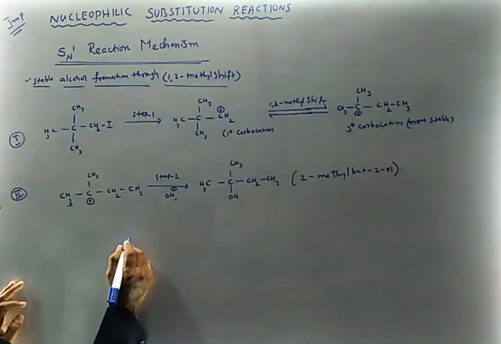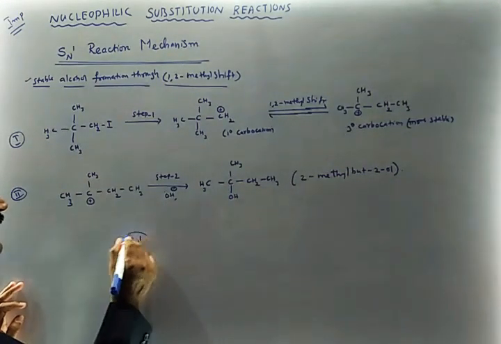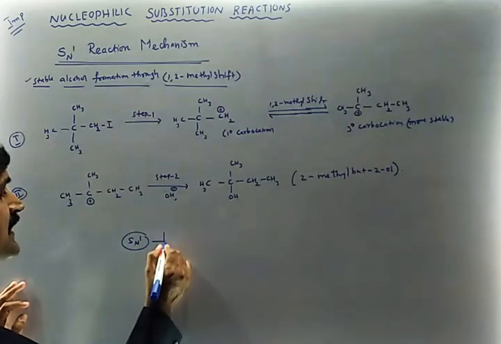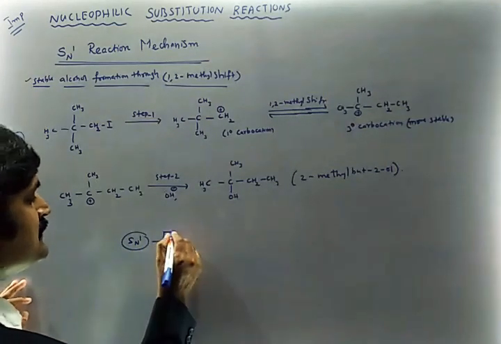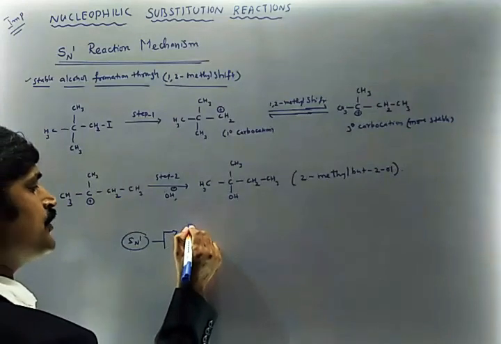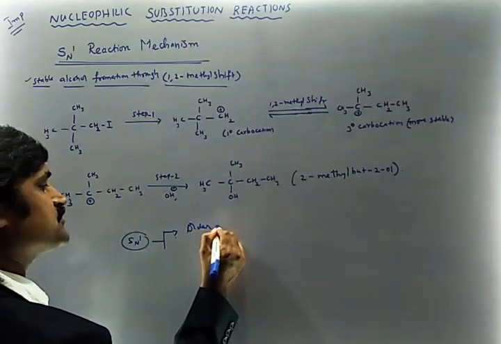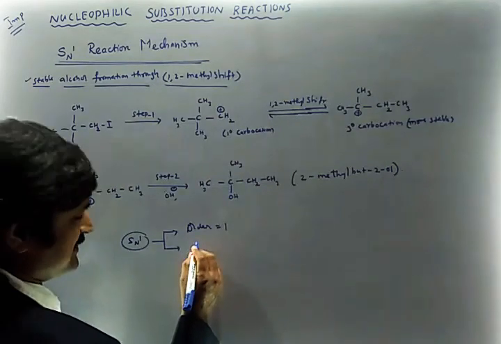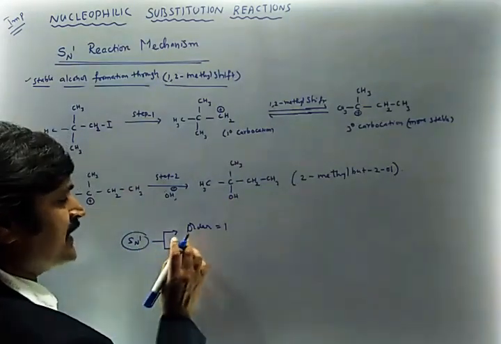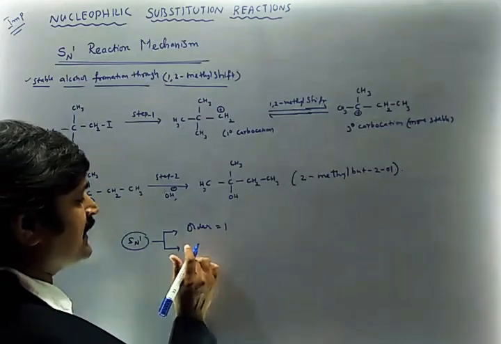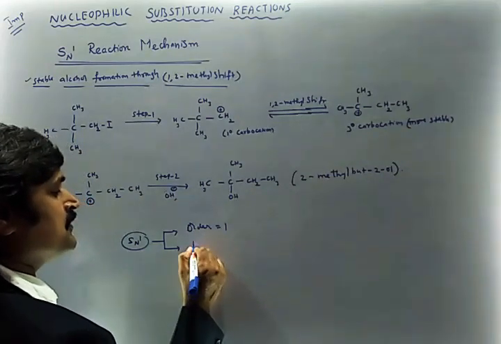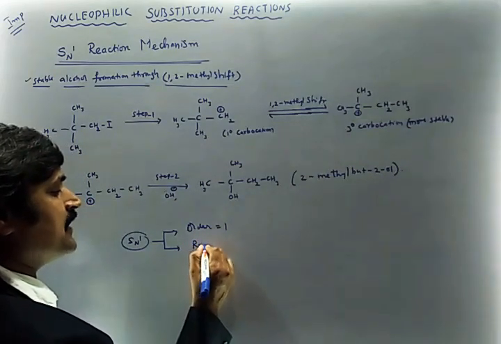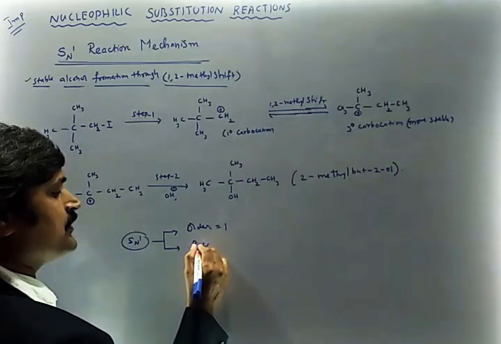So in this Sn1, one thing is that the order of reaction is 1, and here we understand one more thing, that in an Sn1 reaction we have partial racemization of the configuration.